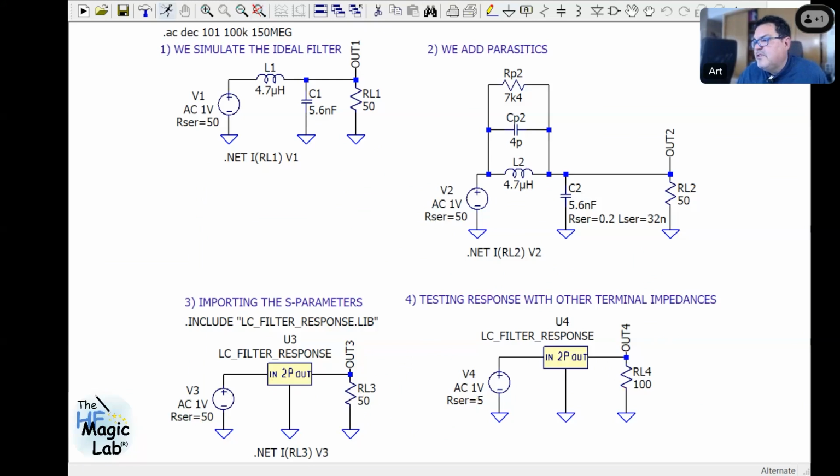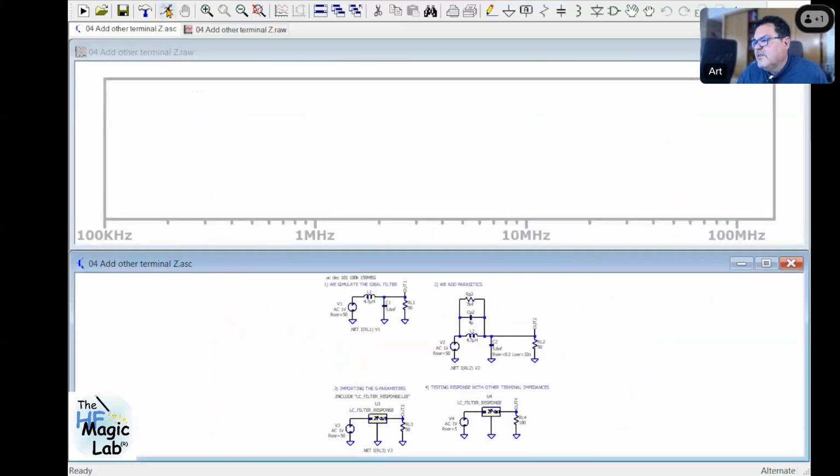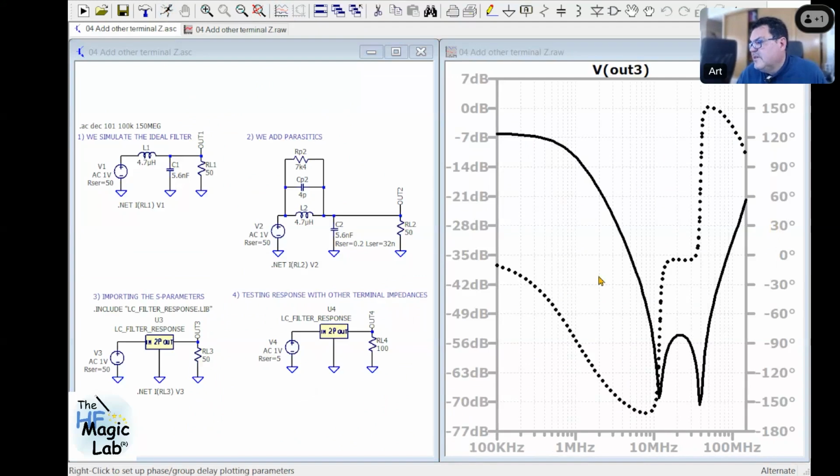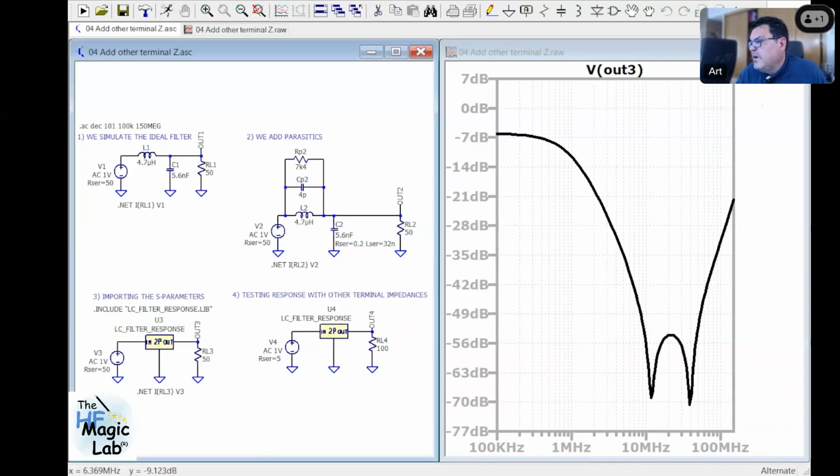We simulate, okay. We put this in vertical scale, windows vertically, and let's see what happened in the output voltage when we work with the nominal impedances of 50 ohms. Remember, we have here minus 6 dBs and here the parasitics. But what happened when I introduce the filter, for example, into a load with 100 ohms input impedance and some source that has 5 ohms output impedance?